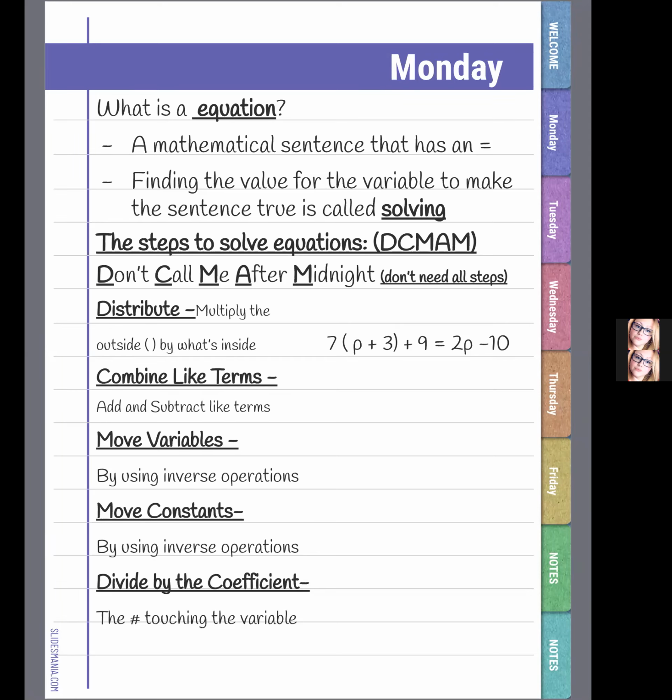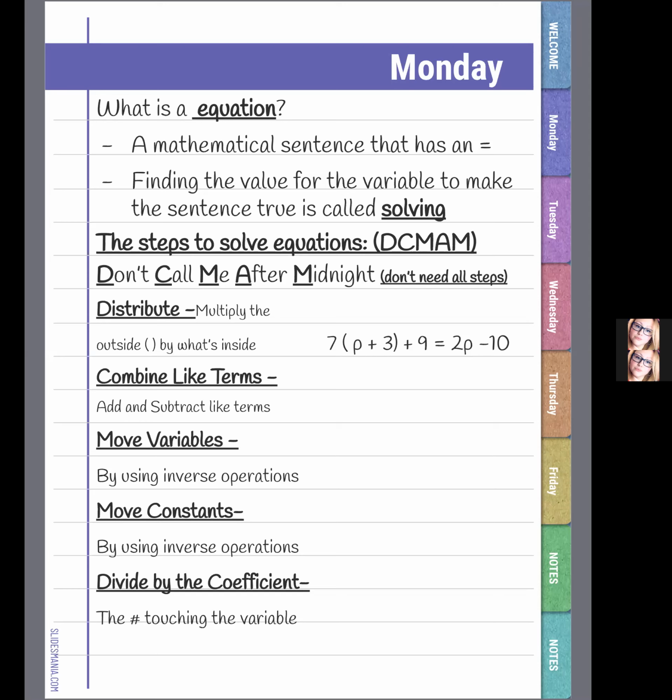So the steps to solving equations are: distribute, combine like terms, or as I affectionately call them, CLT. Move variables, which means using the inverse operation. So if we have a positive 2p on one side and we need to move it to the other, we would do the opposite of addition, which is subtraction.